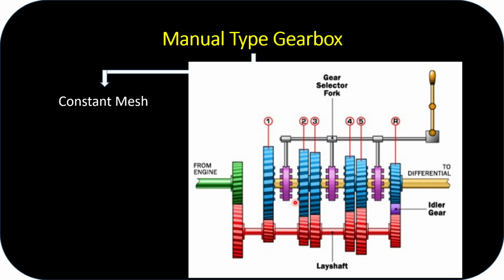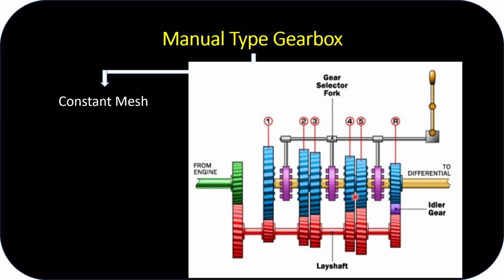In case of reverse, we have another gear which is called the idler gear. This is rotating in clockwise direction, this is rotating in anti-clockwise direction, and these all will rotate in clockwise direction. So in this case, this is rotating in anti-clockwise direction, and hence the next will rotate in clockwise direction, and the following will rotate in anti-clockwise direction.